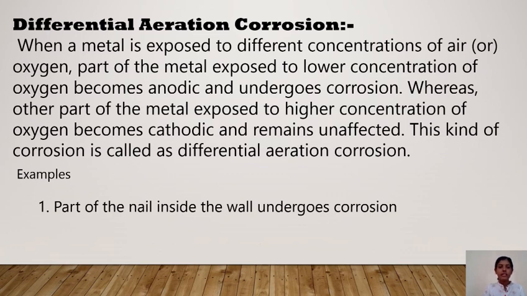When a metal is exposed to different concentrations of air or oxygen, the part of the metal exposed to lower concentration of oxygen becomes anodic and undergoes corrosion, whereas the other part of the metal exposed to higher concentration of oxygen becomes cathodic and remains unaffected. This kind of corrosion is called differential aeration corrosion. Example, the part of a nail inside the wall undergoes corrosion.